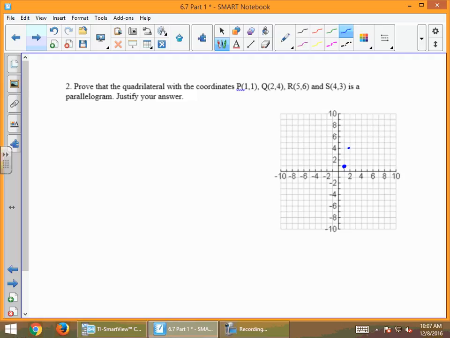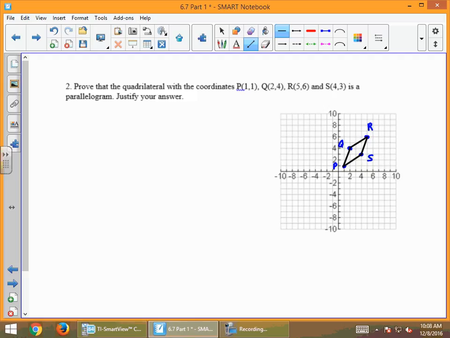That is Q. The other one is 5, 6. That is R. The last one is 4, 3, and that is S. Let's go ahead and connect our figure. See what it is.